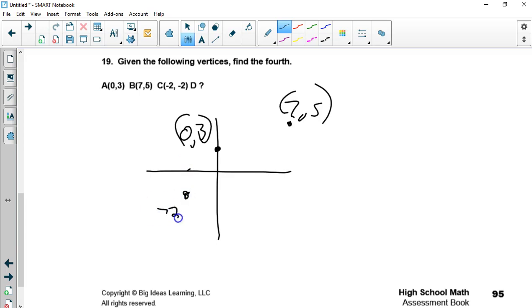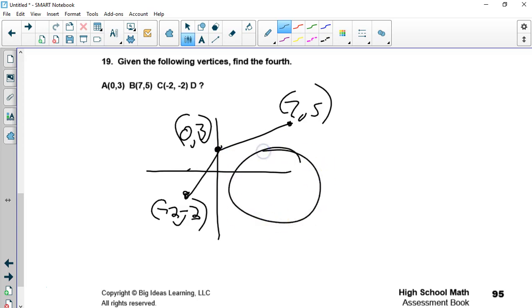Something like this. Now, where is the other spot going to be to form a parallelogram? So, we're going to have the shape doing this. Where is that other dot going to be? Somewhere in here to form a parallelogram.